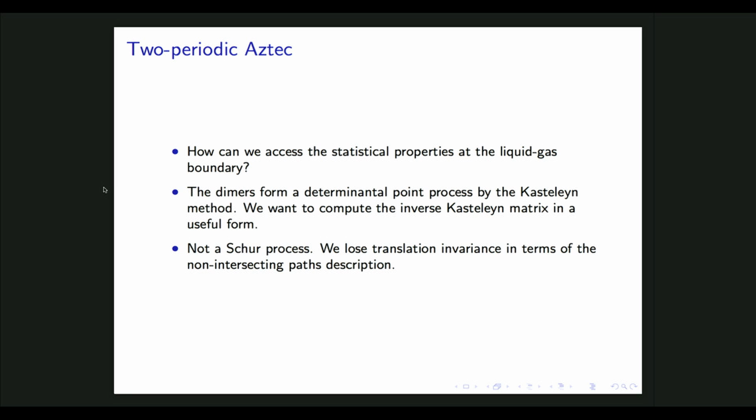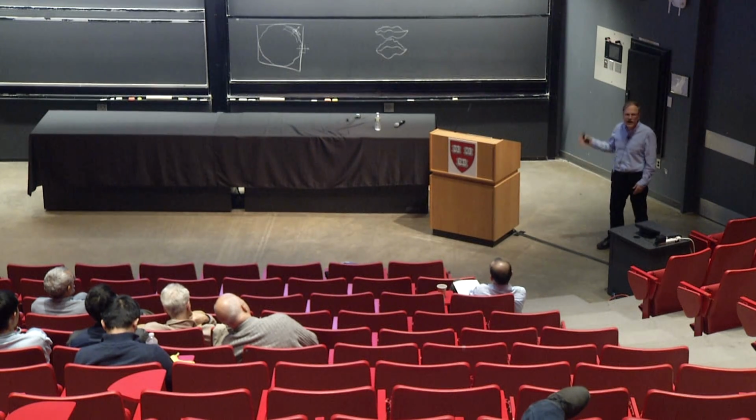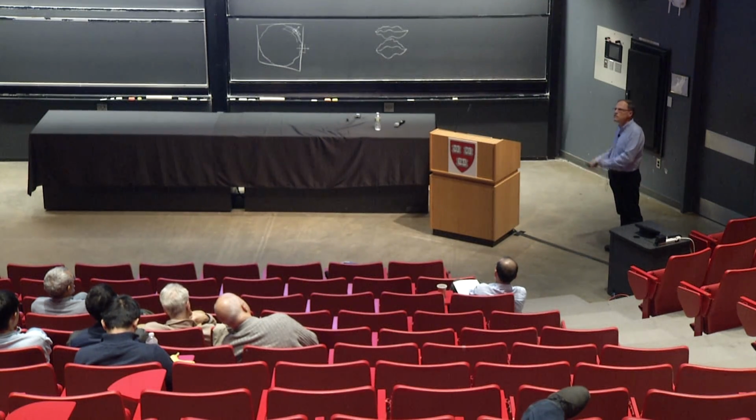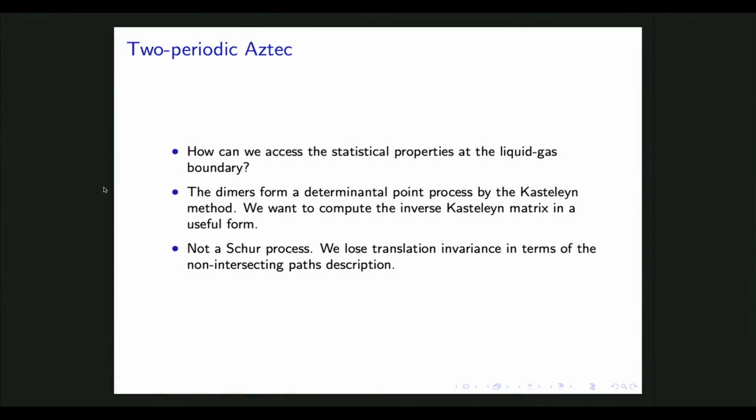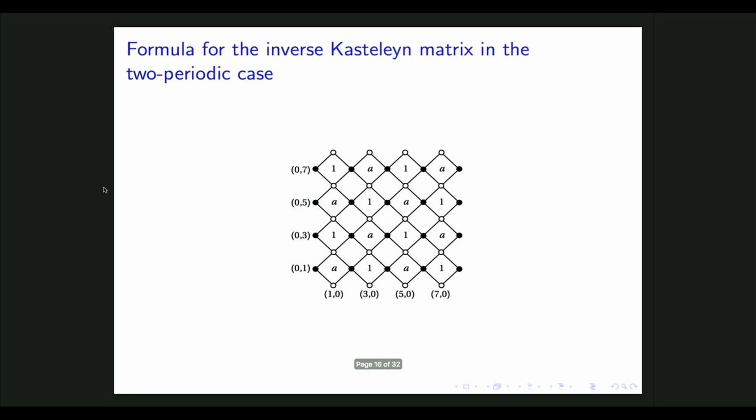It is not a Schur process. I cannot, in any obvious way at least, relate it to that, because I lost the translation invariance due to this two-periodicity. So the non-intersecting paths we have not been able to use. All of this could be possible, actually, also. That's an interesting problem.